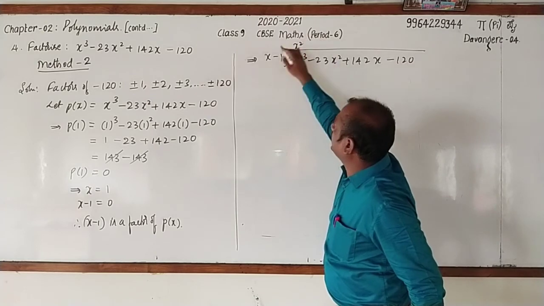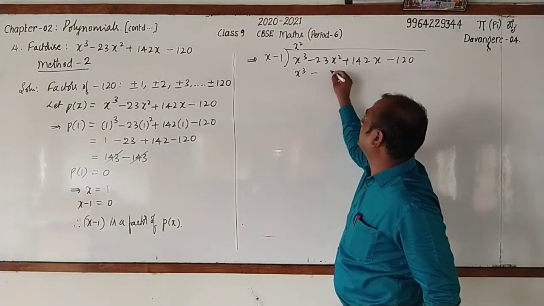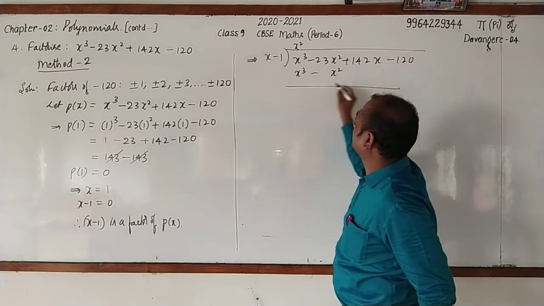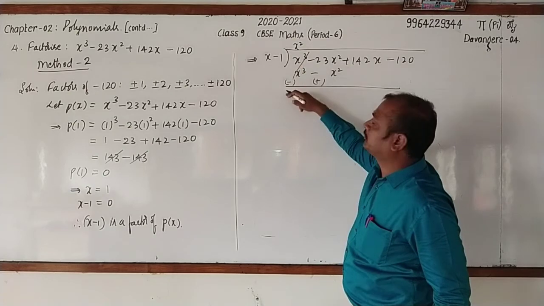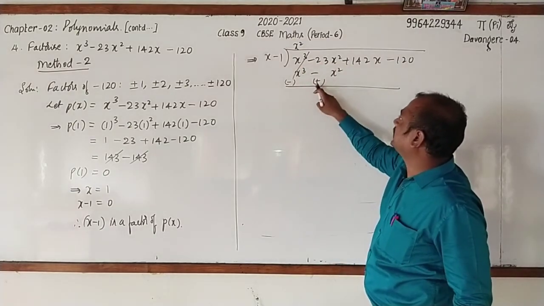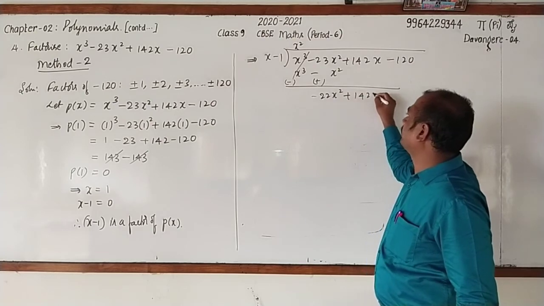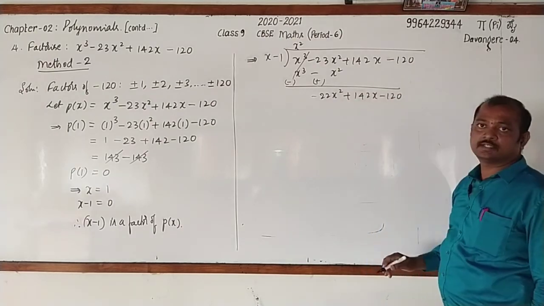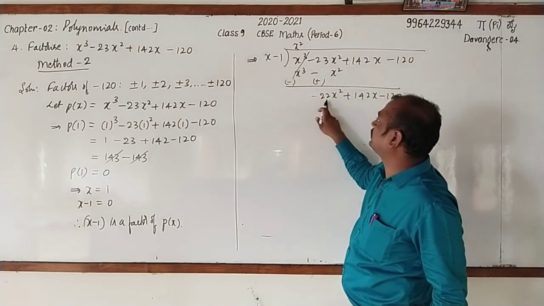X into x square, it is x cube. X square into minus 1, minus x square. Change the sign, minus plus. Now first term gets cancelled. Minus 23 plus 1, minus 22x square plus 142x minus 120 as it is. Then what should be taken? What should be multiplied with x to get minus 22x square?